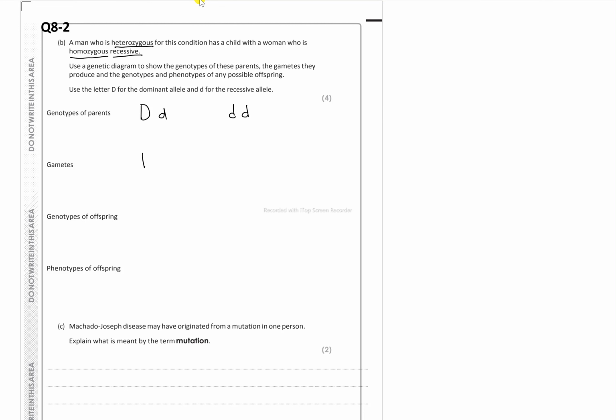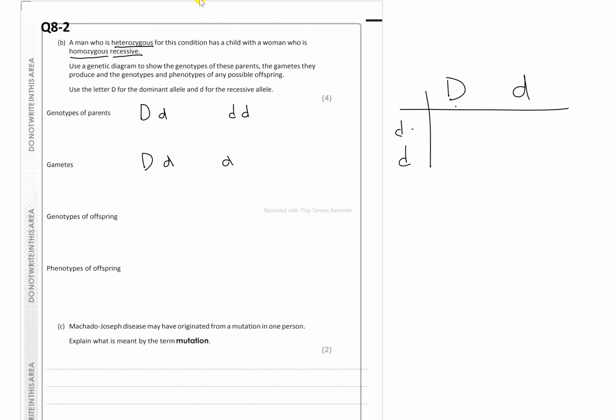So we're going to end up with a big D, small d from dad, and only small d from mum. Right, so when they have kids, that's dad and that is mum.